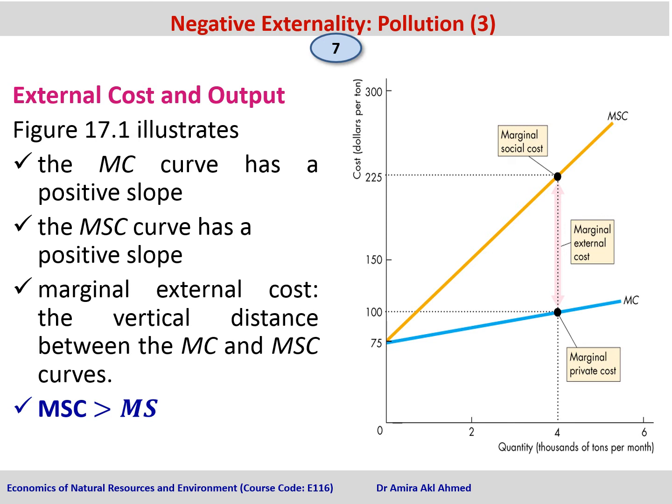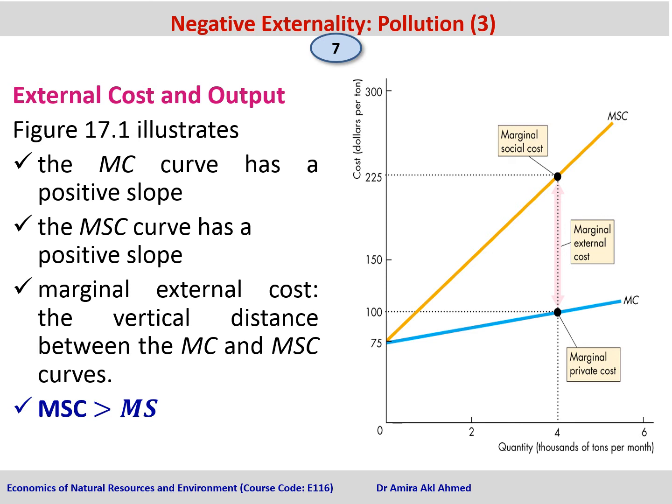The vertical distance between the MSC curve and the MC curve is the marginal external cost. It is worth mentioning that the marginal social cost curve is above marginal private cost for all quantities.